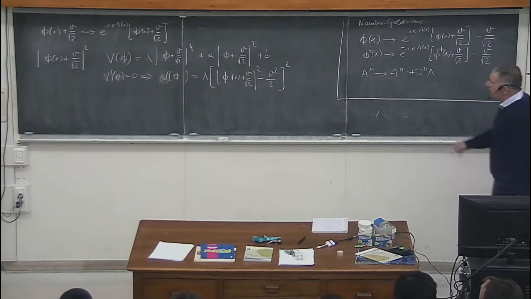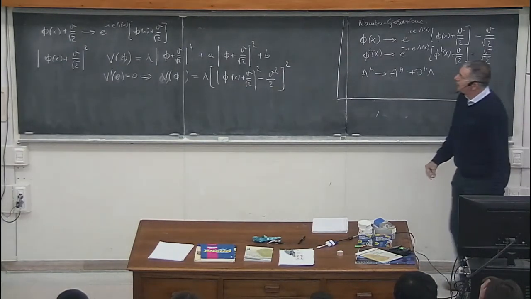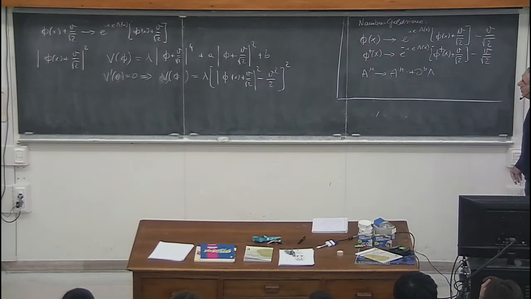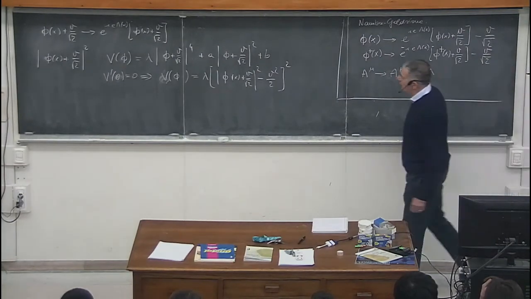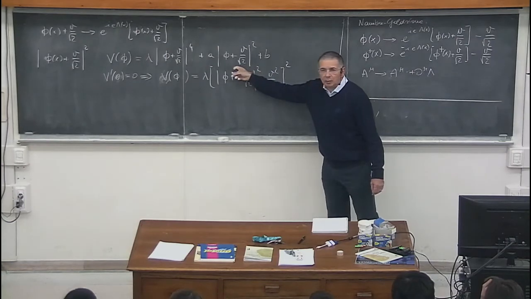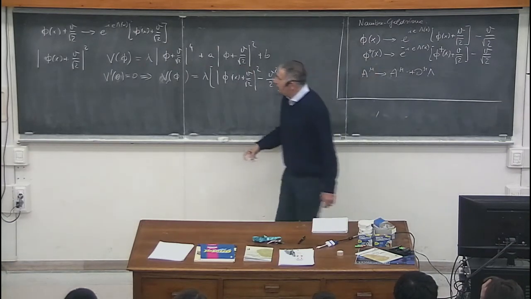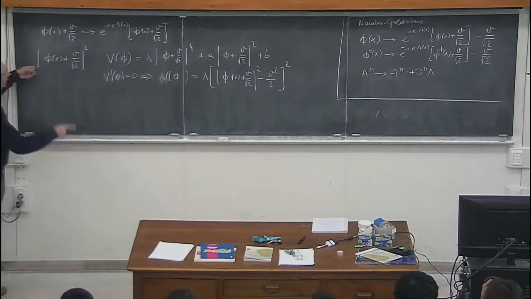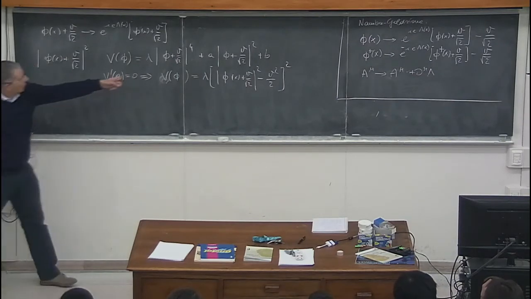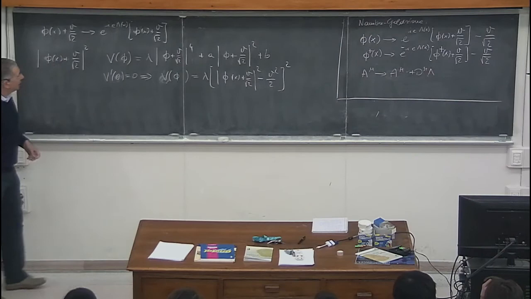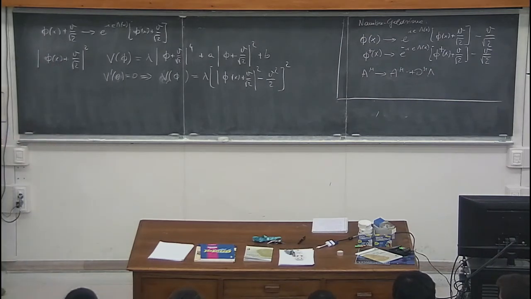This scalar potential is uniquely determined by these requirements, or the three requirements: gauge invariance with respect to the Nambu-Goldstone transformations, no more than 4 powers of the field, and minimum at the origin. So this is the scalar potential.